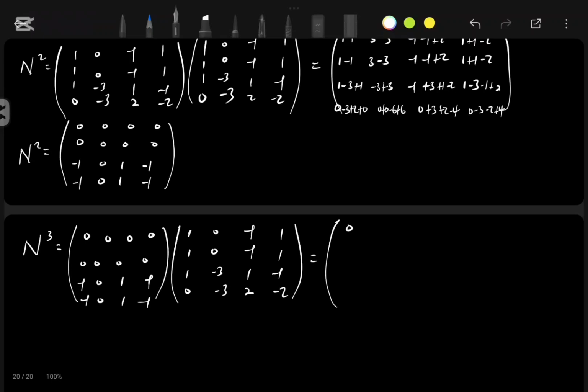The first two rows are zeros. So you focus on the second two rows.